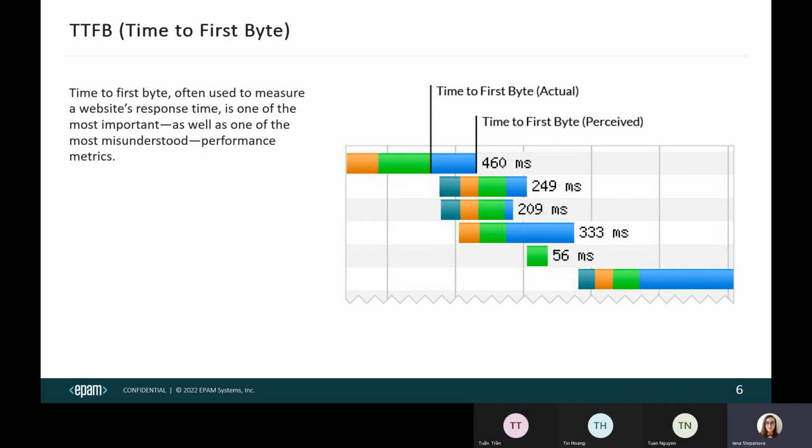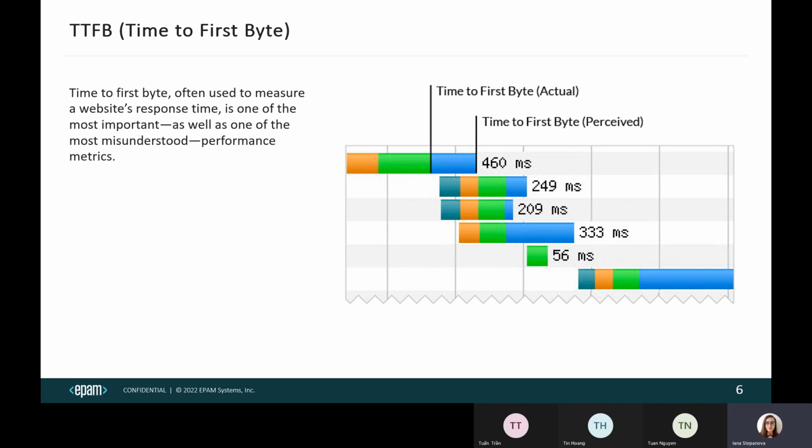So there are two ways of measuring it. One is the actual time, the shorter one. It's the time it takes for the first byte of data to arrive from a server to the requesting browser. But when we're using this as a metric, we're usually going for the perceived time, because perceived time is longer and it is what our end user will see.